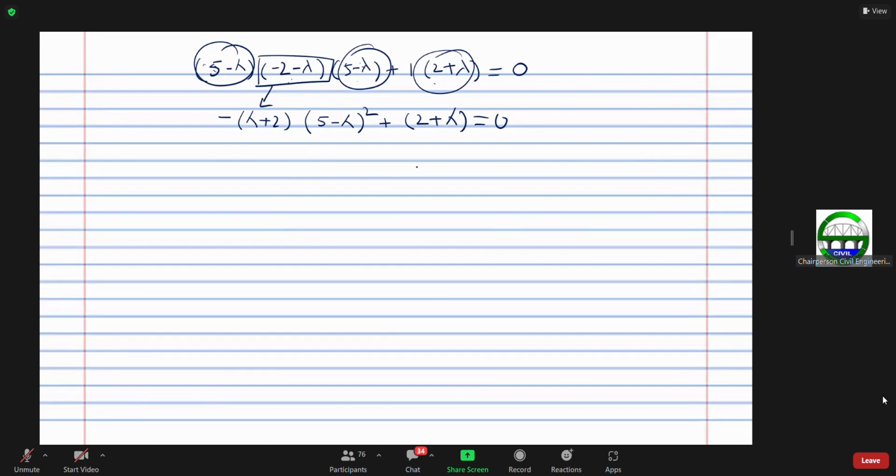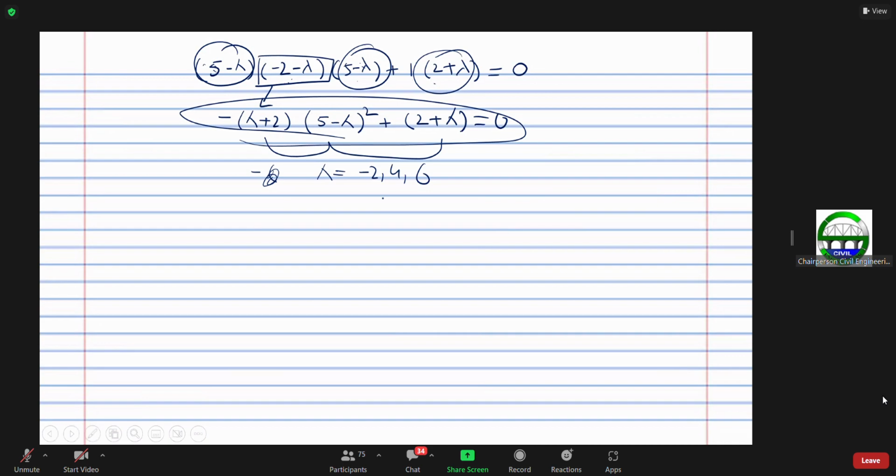So now if you solve it using the simple quadratic equation, you will see that your final factors will be lambda equals minus 2, 4, and 6. You know how to solve these equations. If you simplify this, there will be 3 different values.